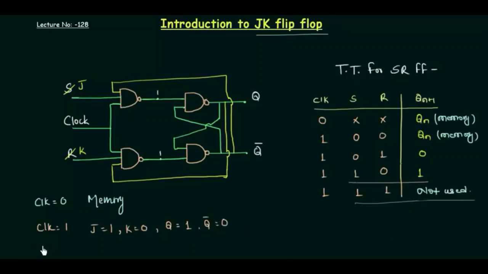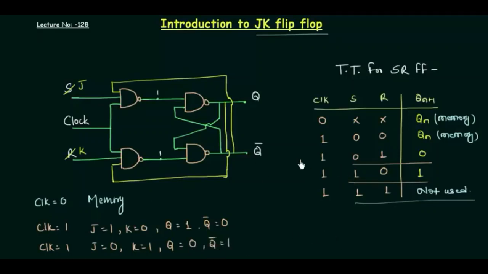Now I will see the third case when clock is 1, J is 0 and K is 1. Now from the SR truth table you can see that the value for output, that is your Q, is 0 and Q complement is 1.